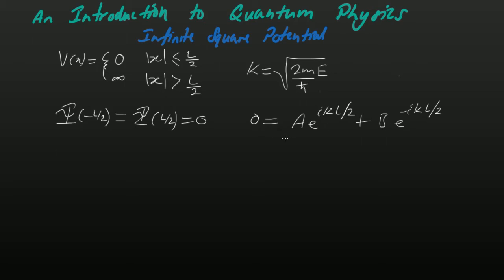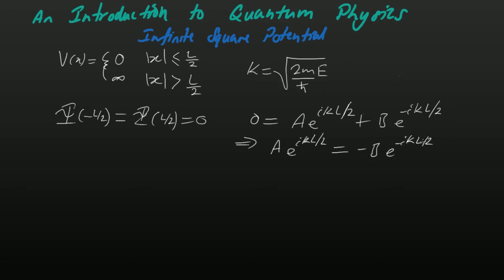Now what we'll do here is rearrange this. So let's make the b negative. So a e^(ikL/2) equals negative b e^(-ikL/2).